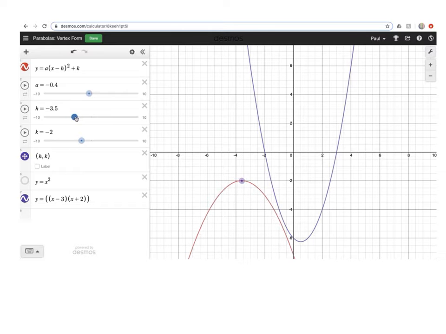So then if I move my vertex to a half, and then down to match the vertex of my other graph, that looks pretty good. That's fairly close. Now my value of a should be 1. So I see that manipulating the values of a, h, and k, I get an exact match for my other quadratic.